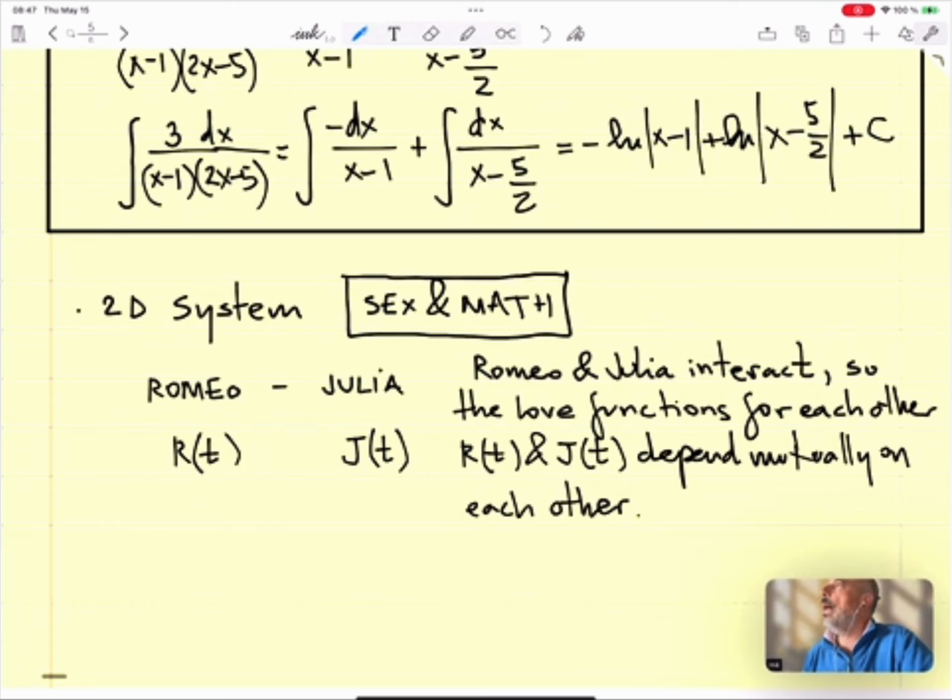Or Romeo stops loving Julia, and in that moment, Julia falls in love with Romeo. So the interaction between these two characters, two friends, Romeo and Julia, can be described with dynamic systems.